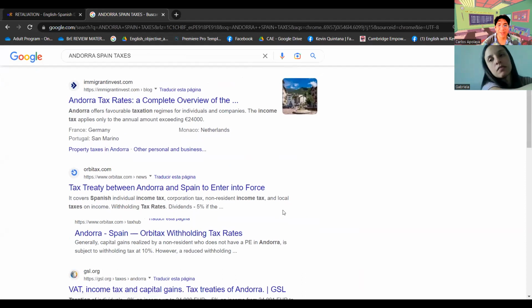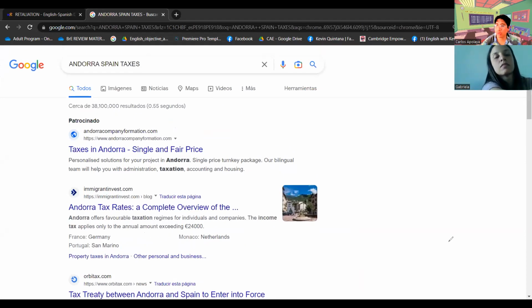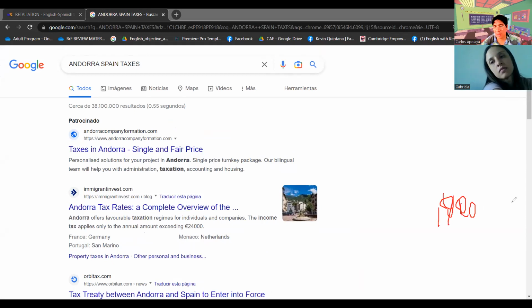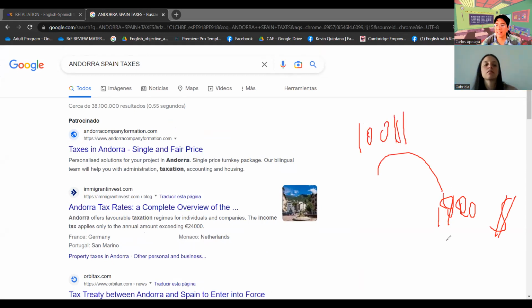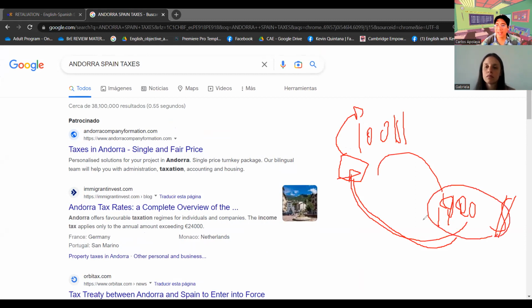Entonces, si tú vives en España, pagas 1.000 o 300, 400 euros en impuestos; en Andorra pagarías 100. Entonces, ¿qué hace? Algunas empresas van a Andorra, trabajan de allí y pagan menos impuestos, se mudan a tal lugar.